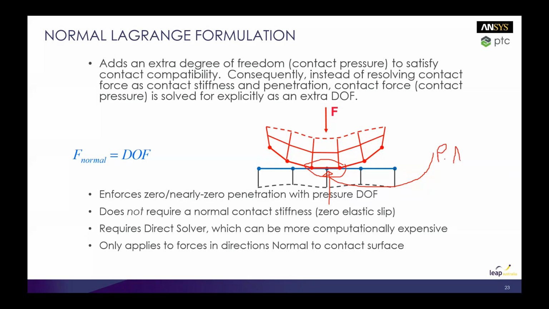The area in contact will come to an equilibrium point, and then the contact pressure is calculated. Here we have pretty much zero penetration because we're calculating the pressure degree of freedom, so you don't have to have a contact stiffness. That means there's no relative slip in the normal direction.